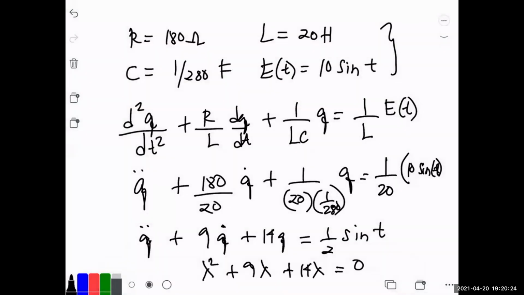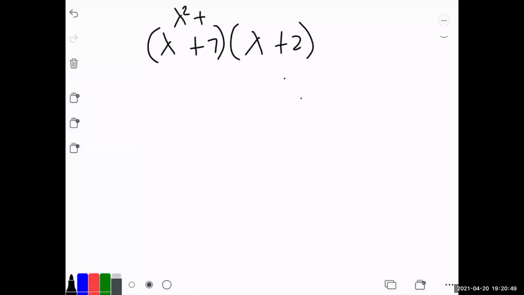Okay, let's go to another page. So this would mean lambda plus 7 times lambda plus 2 equals 0, right? Because it says lambda squared plus 9 lambda plus 14 equals 0.